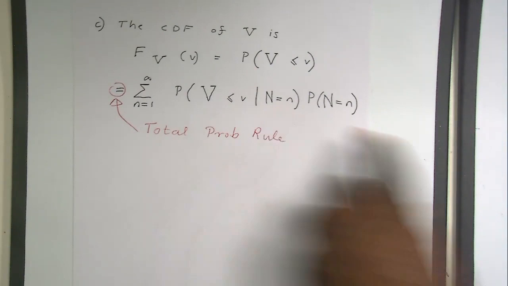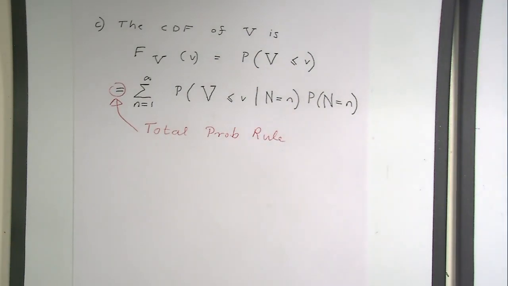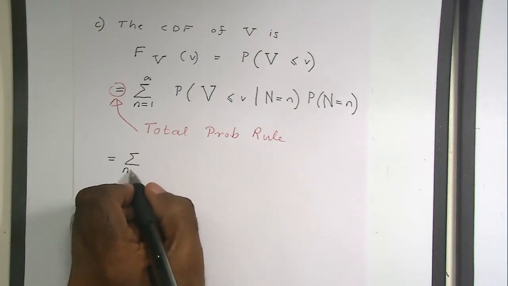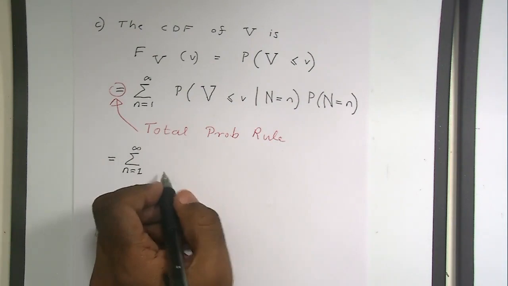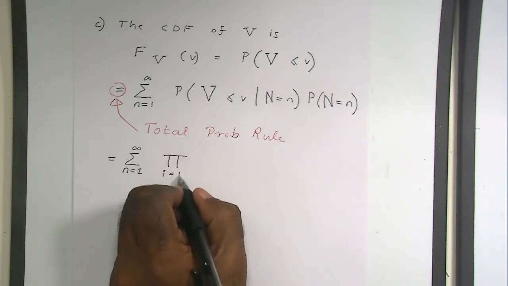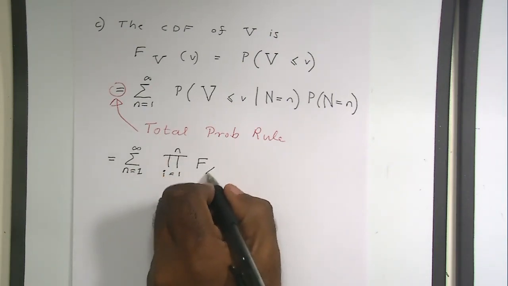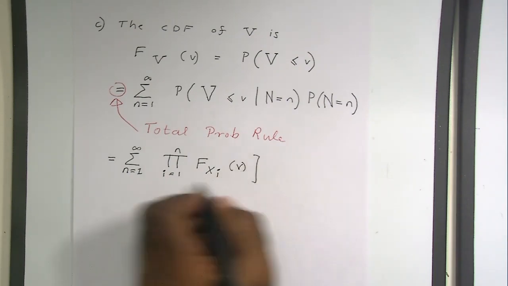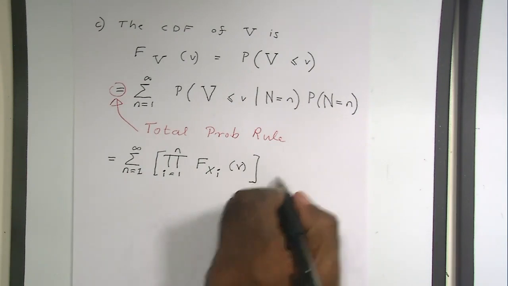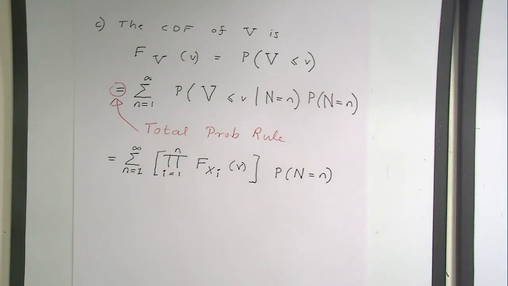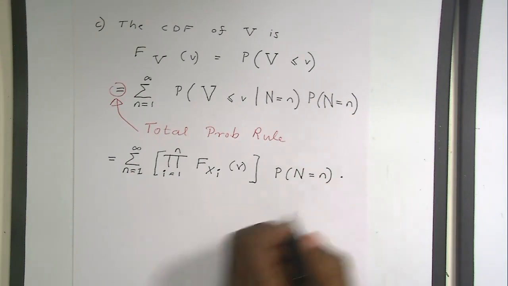So the conditional probability is the same as this, so you can say that this is equal to this. All right, so that's the CDF of V.